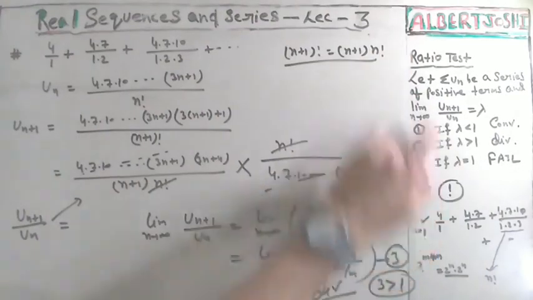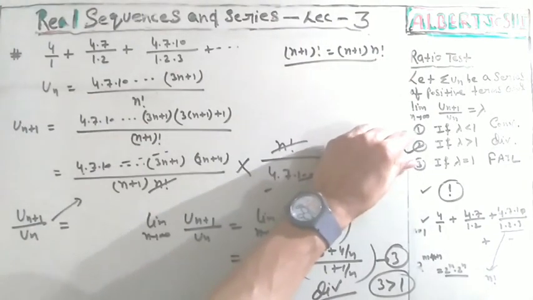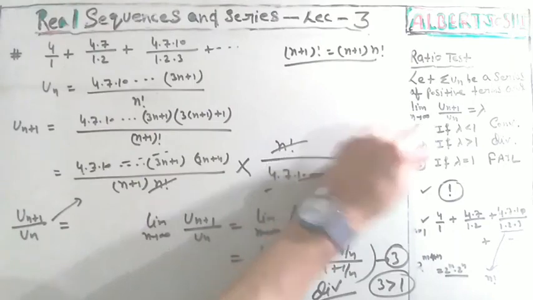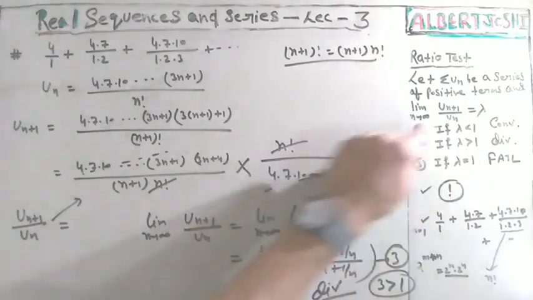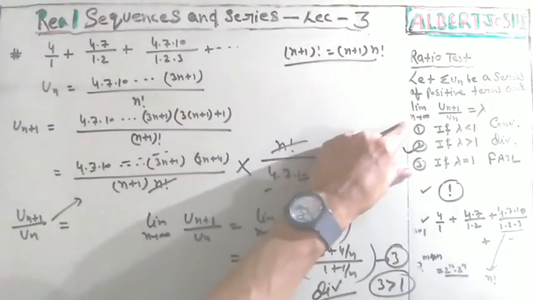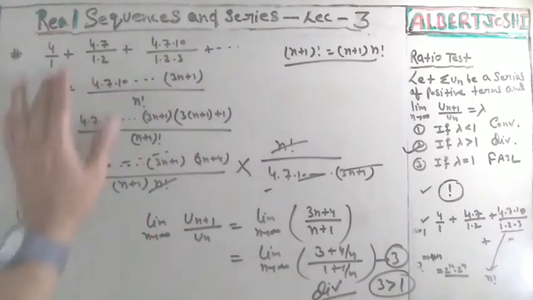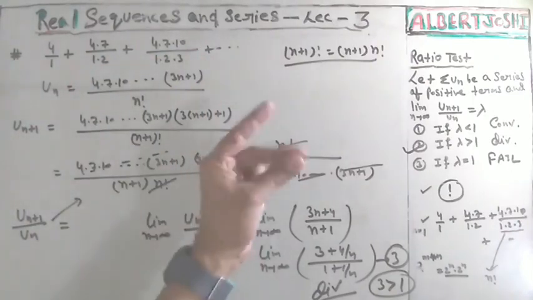Whenever you have such a type of problem, you have to use this ratio test, and remember this: whenever lambda is less than 1, it is convergent; greater than 1, divergent; equal to 1, the test fails. Whatever question they give you, use the method and your problem will be solved.